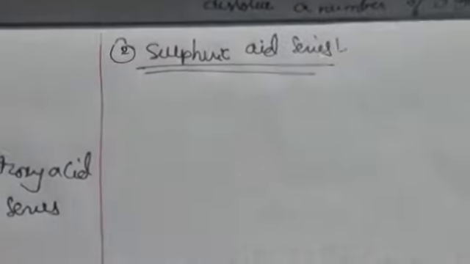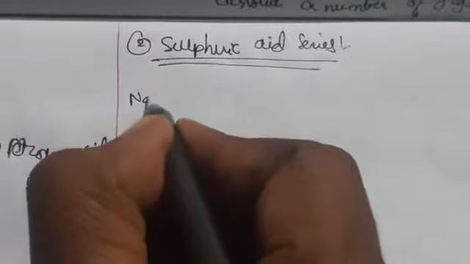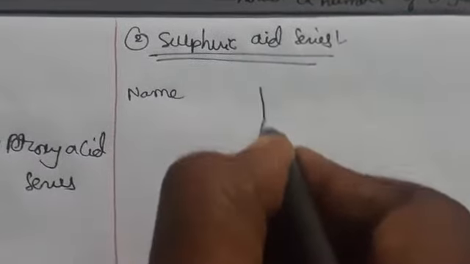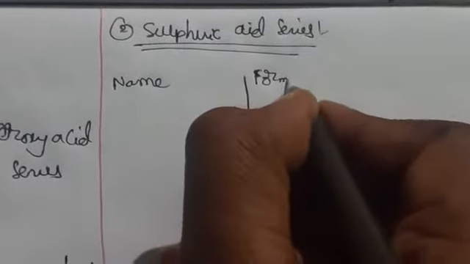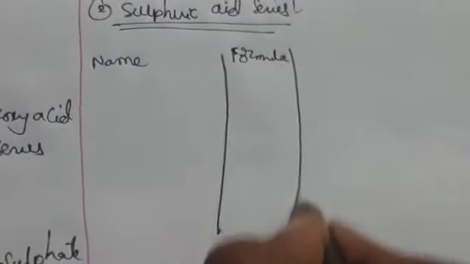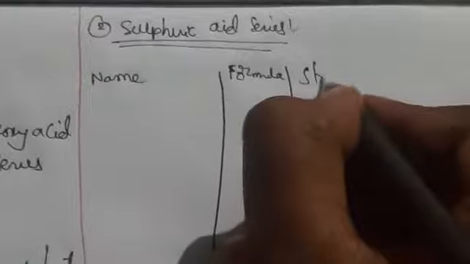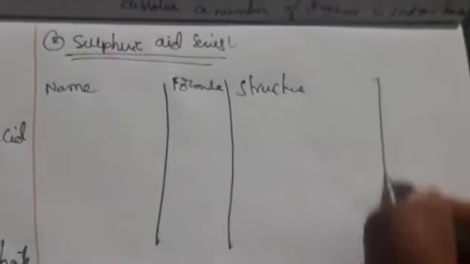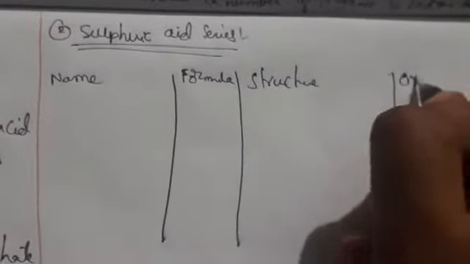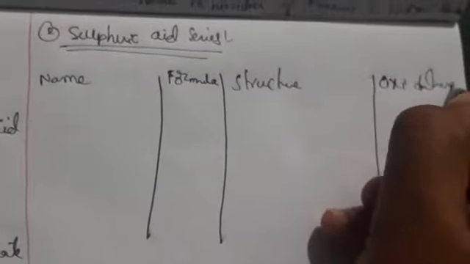So sulfuric acid series. Here also see first of all name, formula, structure, and oxidation number.